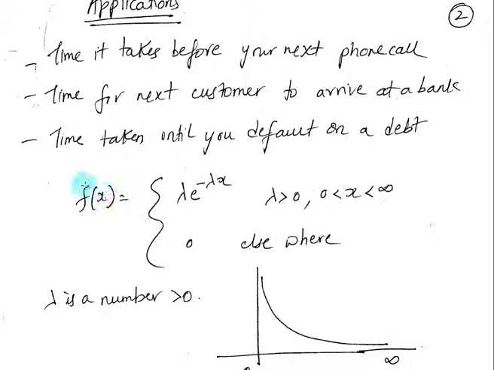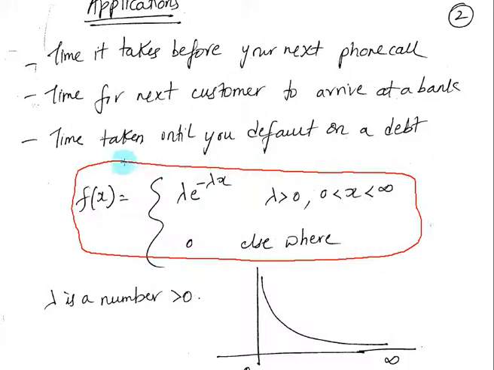The density function for an exponential random variable looks as follows. f of x is lambda e raised to negative lambda x. Remember the lambda from the Poisson distribution. This lambda is also nothing but the rate of arrivals of customers, or rate of arrival of phone calls, or rate of arrivals of bits of information.